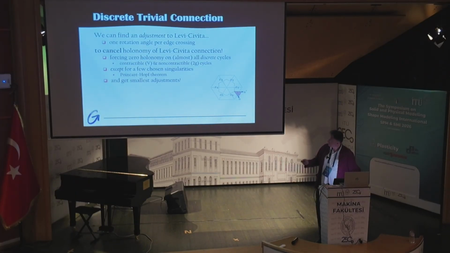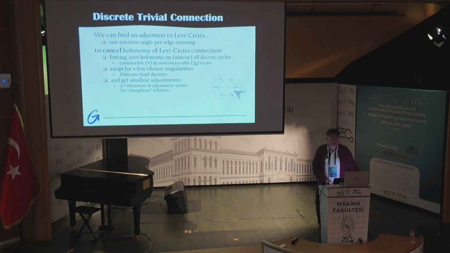And once you know this, I told you that there are always plenty of adjustment angles that you can pick. What we recommended in one of our papers was to find the smallest adjustment, meaning the L2 minimum of all the possible adjustment angles. I don't know why I put vectors, it's angles here.